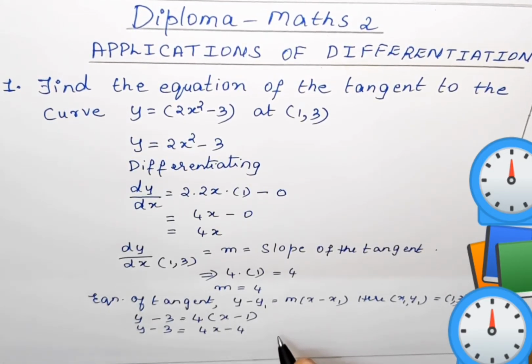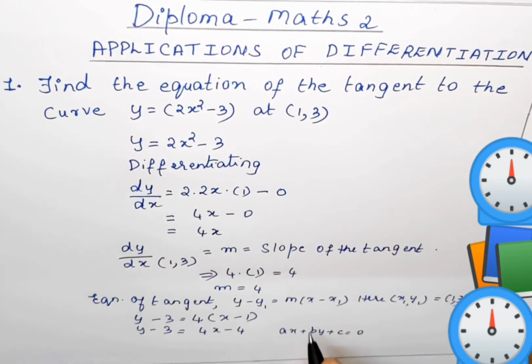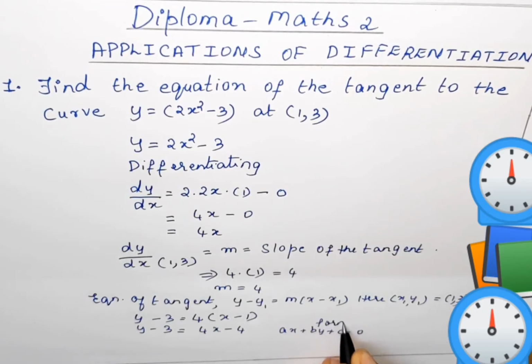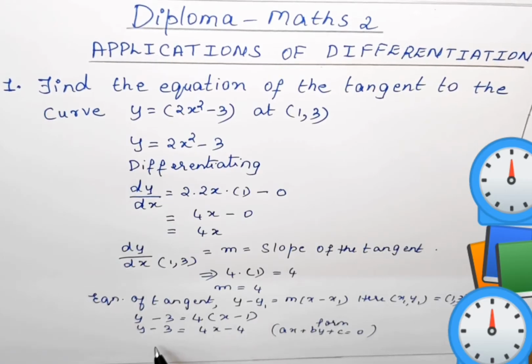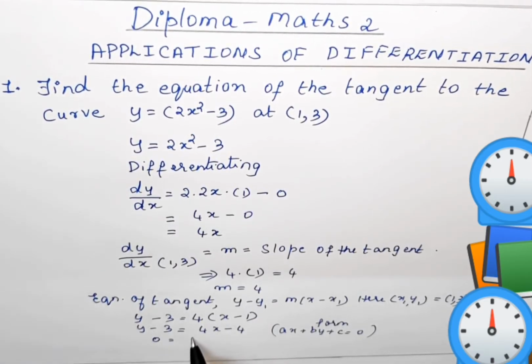Now you should remember every equation will be of the form ax plus by plus c is equal to 0. This is the standard form. You will have to get your equation to this standard form. So rearranging the equation in the standard form, this becomes 4x.